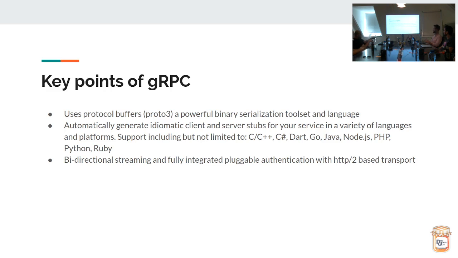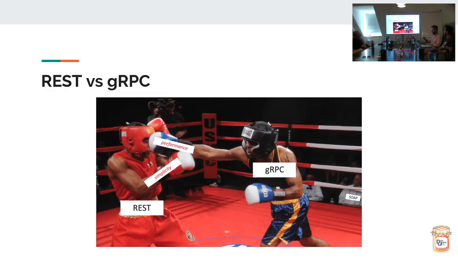It automatically generates client and server stubs. Those are the included languages right now, but this is not limited and is getting more popular each day, and more languages will be supported. And bidirectional streaming and fully integrated pluggable authentication, which HTTP2 has in place.